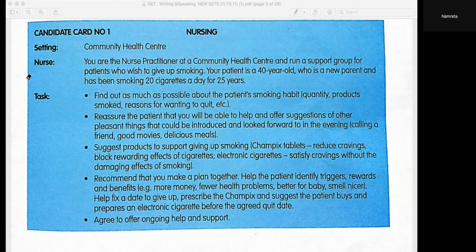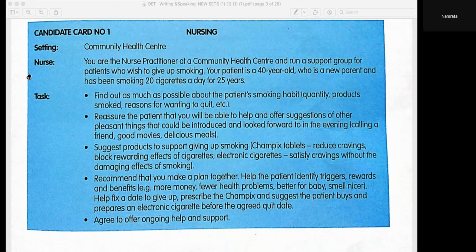Okay, so we have some options that may help you on quitting or dropping your habit of smoking. There are tablets available and also electronic cigarettes, which help in reducing your urge or reducing the intake of your cigarettes, and may also replace the cigarette intake per day.